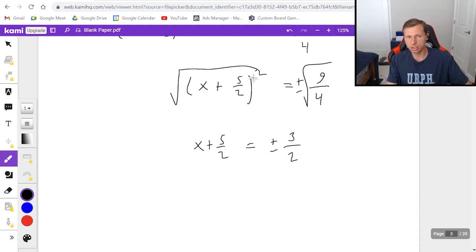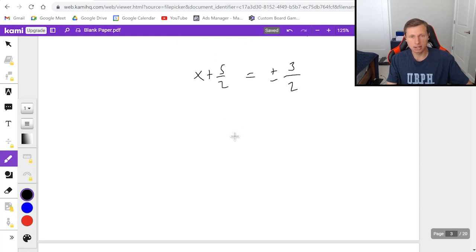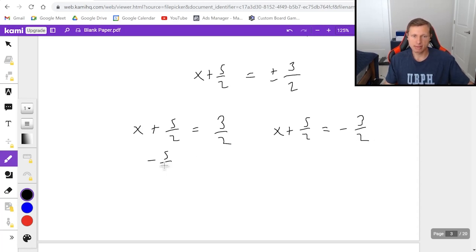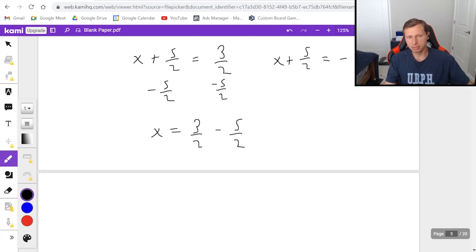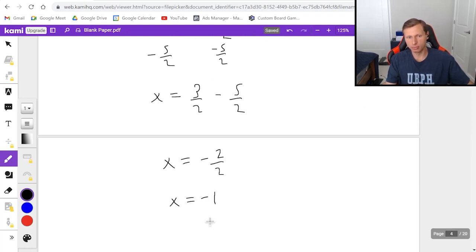Again, the square root and the squared cancel. And again, I'm going to write this out as two different things. So like x plus 5 halves equals positive 3 halves, and x plus 5 halves equals negative 3 halves. Now I just have to subtract 5 halves from both sides. Since they already have the same denominator, that's going to be easy. 3 halves minus 5 halves, that's going to be x equals negative 2 halves, which is negative 1.